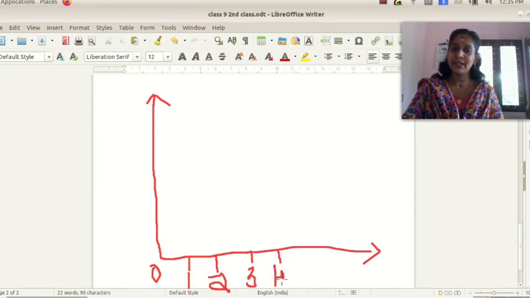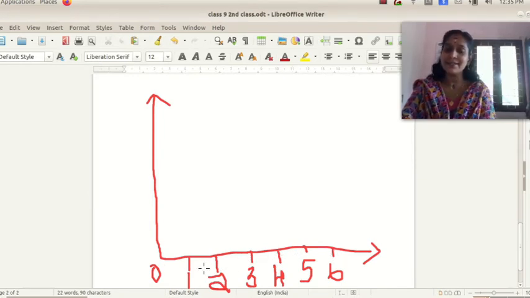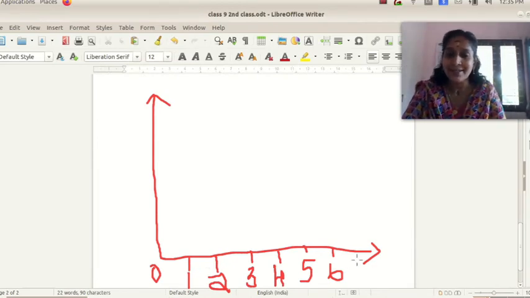It will be at equal distance. Each represents 1 centimeter. Here we take 1 second, 2 second, 3 second, 4 second, 5 second, 6 second. 1 centimeter is taken as 1 second, isn't it?